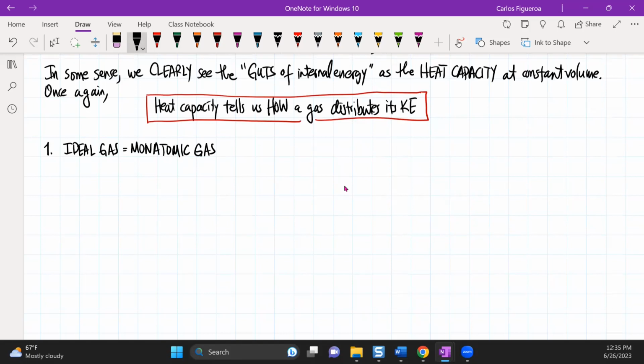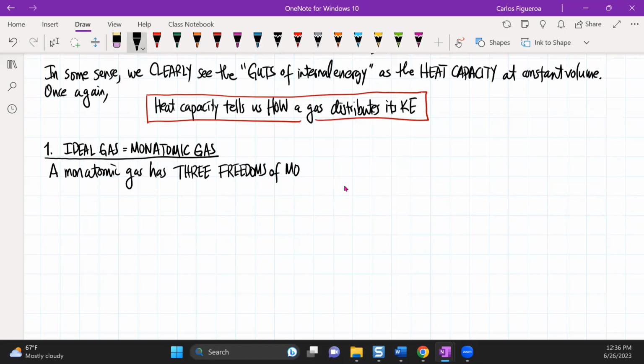So monatomic and ideal are one and the same. So here's what we know. A monatomic gas has 3 freedoms of motion.